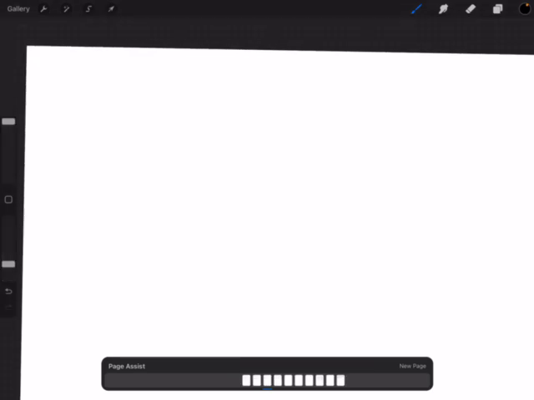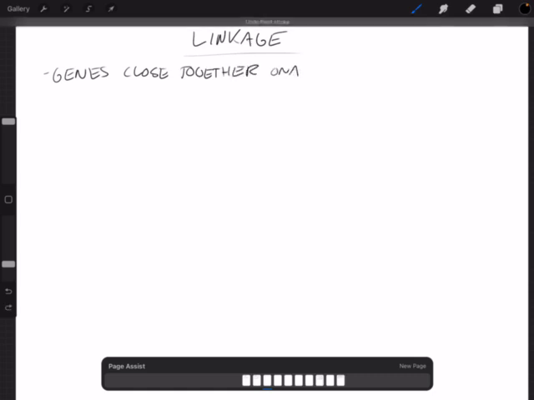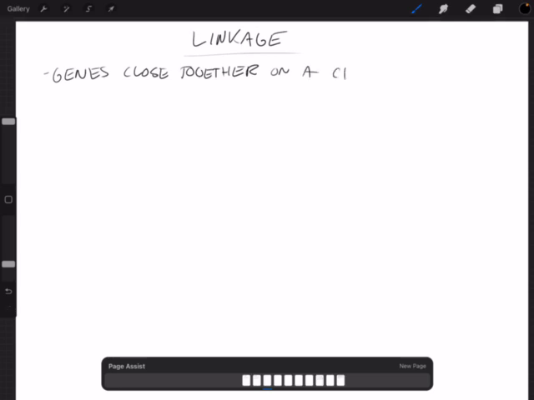So let's start with linkage and what it is. So the basic idea of linkage is actually quite simple. It's that genes are close together on a chromosome and that those genes are transmitted together.